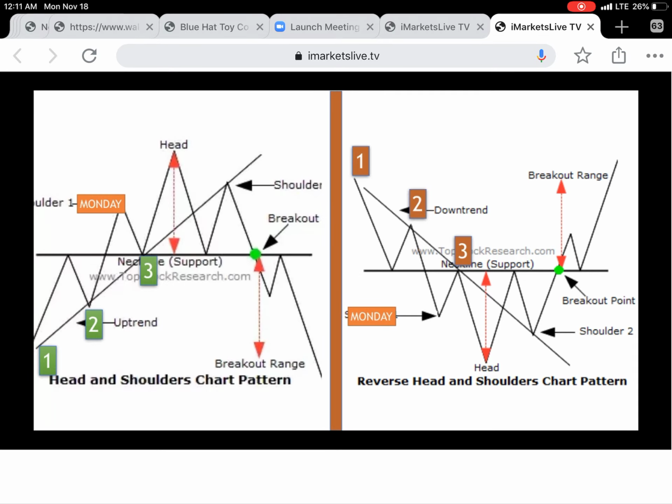The number 3 is the 100% move of the head. So notice the start of number 3, and the market rises all the way up, creating the head. And let's follow it coming back down on the right side, when the market comes all the way back down to the support. That's a 100% move of number 3, also a 100% move of Monday.